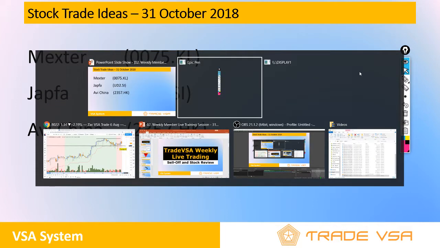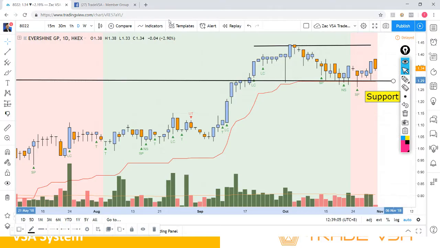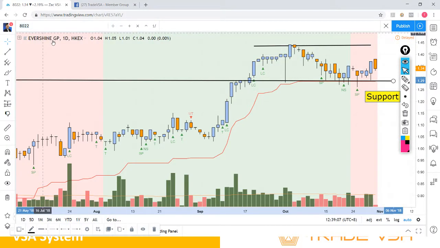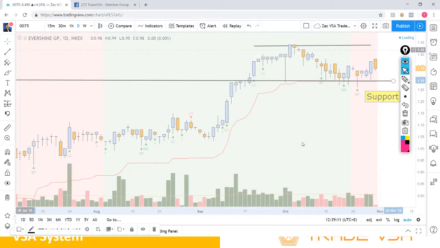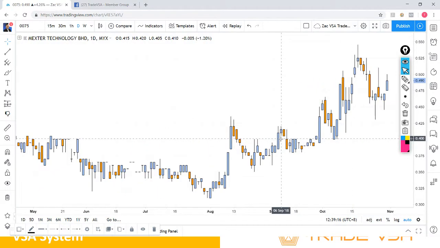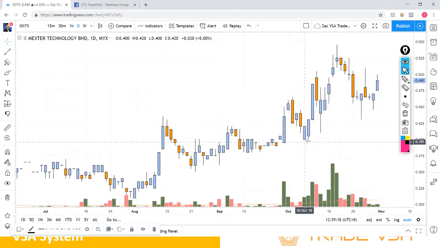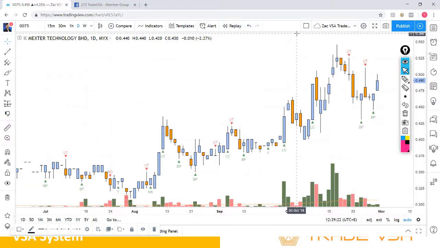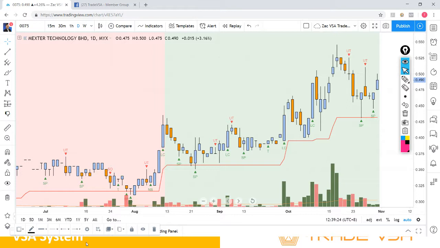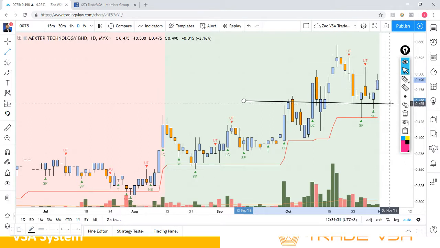First, Maxter. Okay, so this is Maxter. Let me draw the support resistance so I can identify the signs of strength and signs of weakness easier.